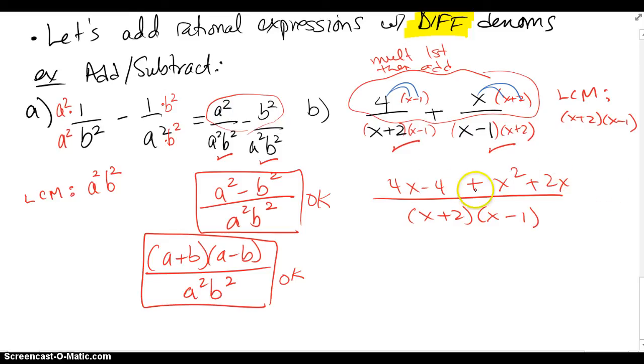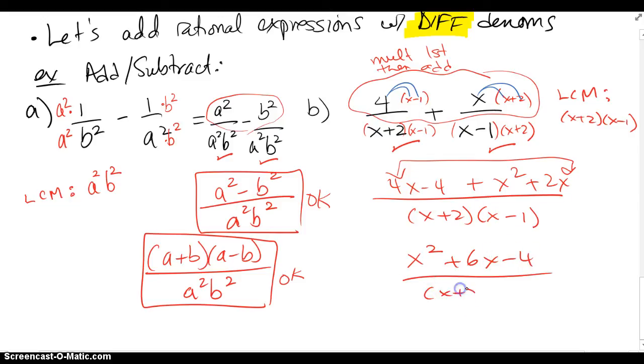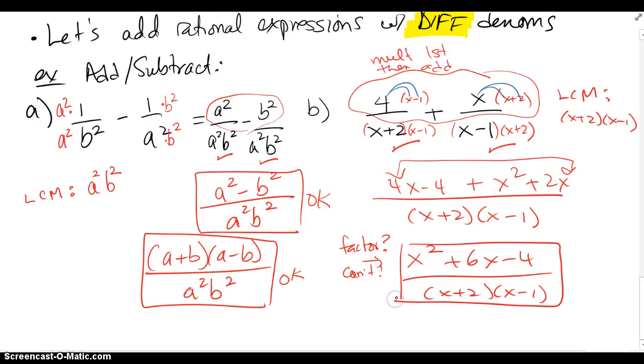Now I can add these guys because I've done my order of operations correctly. That's going to be in descending order, x squared plus 6x minus 4 all over x plus 2, x minus 1. And then if I try to factor, we can't factor the numerator. It's not factorable, so I just leave my answer as is.